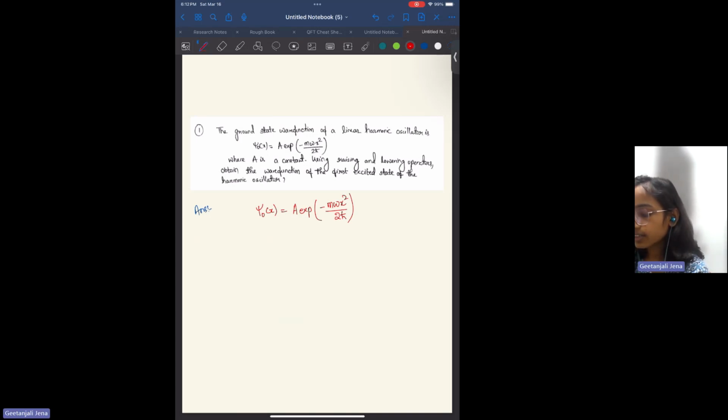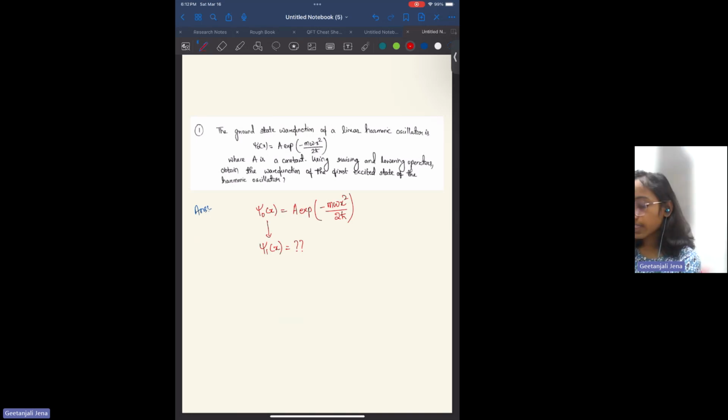It says that using the raising and lowering operators, obtain the wave function of the first excited state of the harmonic oscillator. So it is asking what the position representation will be in the first excited state when you are given the ground state wave function.